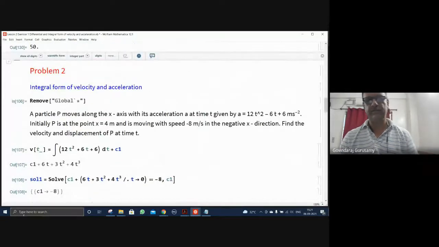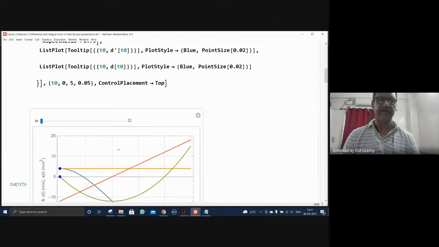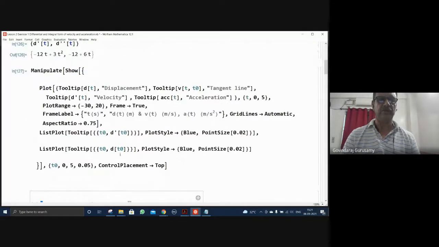So this is one way to avoid that. The other way is you can copy this and put it in another notebook and keep it as a separate problem. Otherwise, names should be redefined, which means you take the first problem as D1, V1, acceleration 1, then D2, V2, and acceleration 2. Just name it differently, and then that will not be an issue at all.